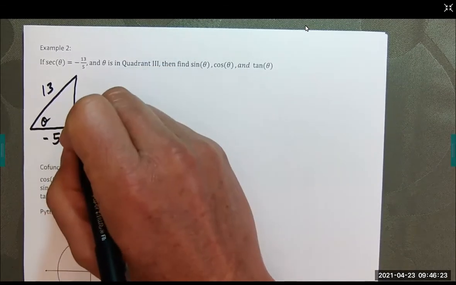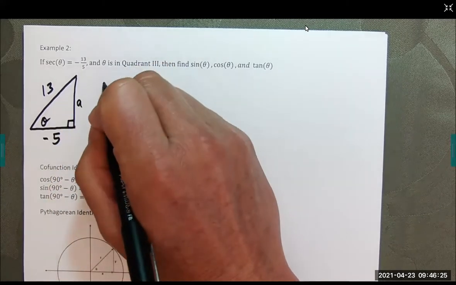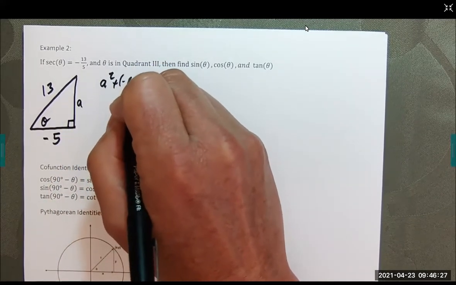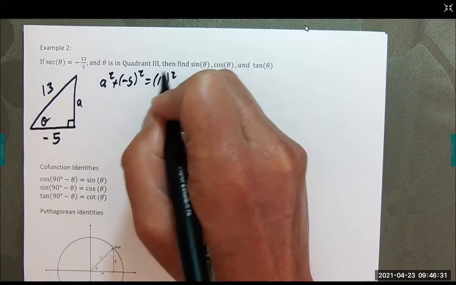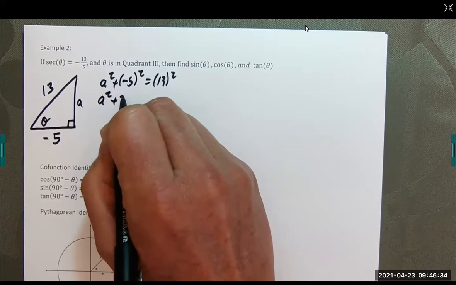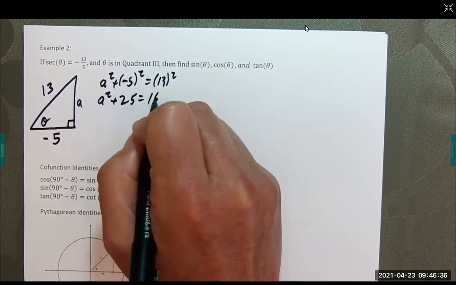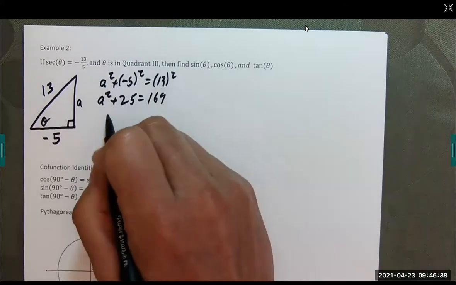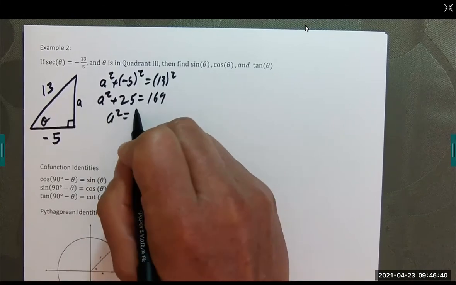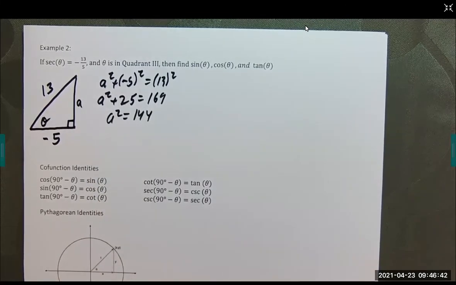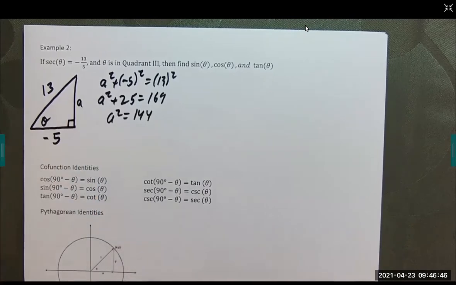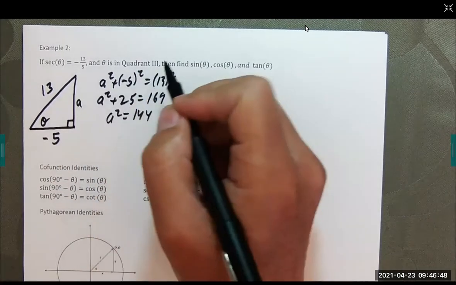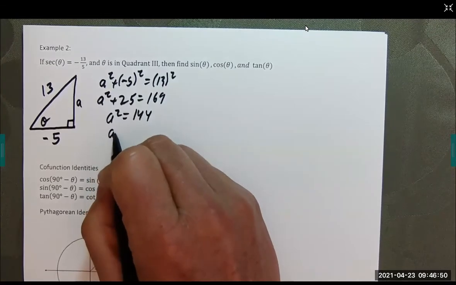So I'll call this A. So a squared plus -5 squared is 13 squared. And I want to be clear, A in this case has to be negative because x and y are both negative in quadrant 3. So A is -12.